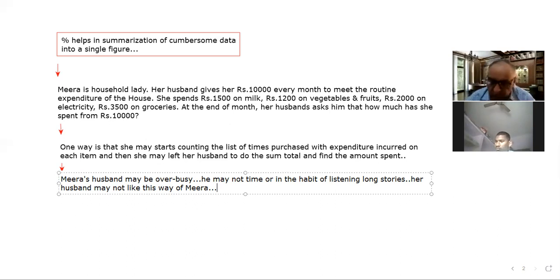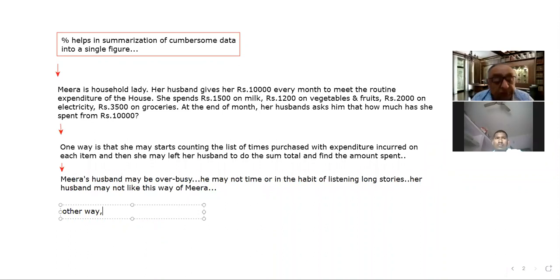You may carry a list of 3 or 4 pages and start counting: this much money was spent on bricks, this much on cement, iron, etc. Labor expenditure is this. They don't have that much time. So now you can say the other way.